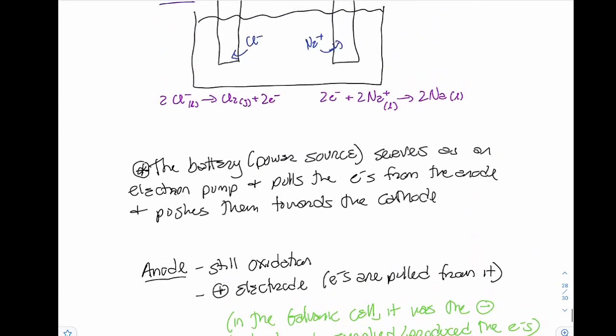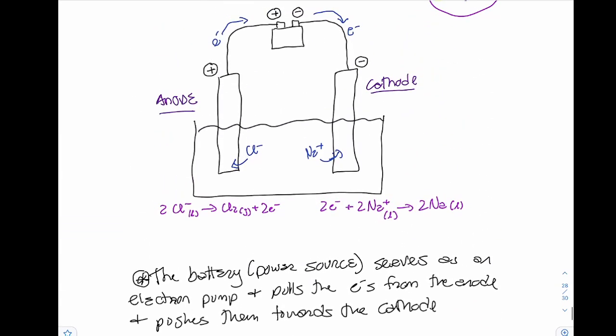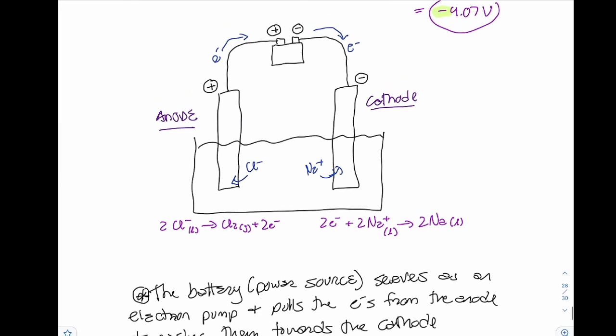So our positive electrode up here is going to attract my chlorine. So my positive electrode is attracting my chlorine. And then my negative electrode, my cathode, is attracting my sodium ions.